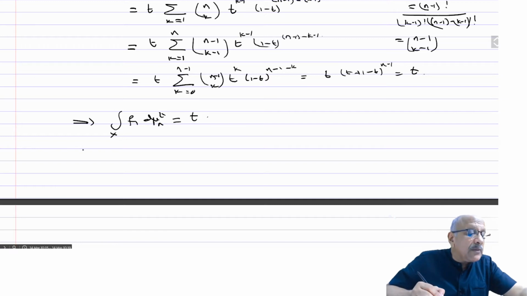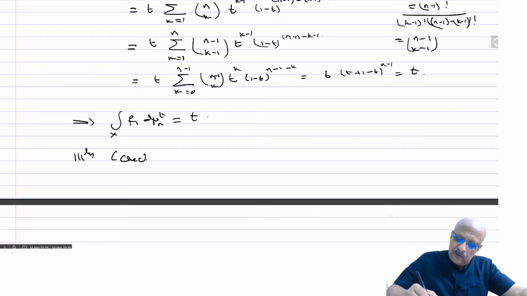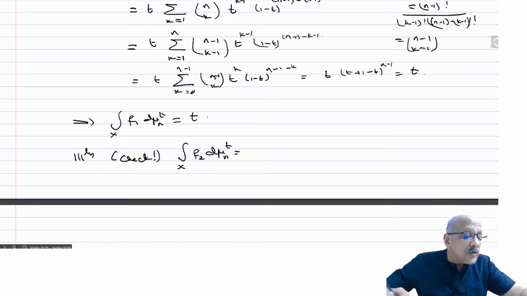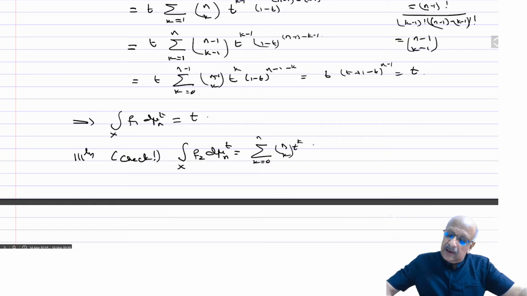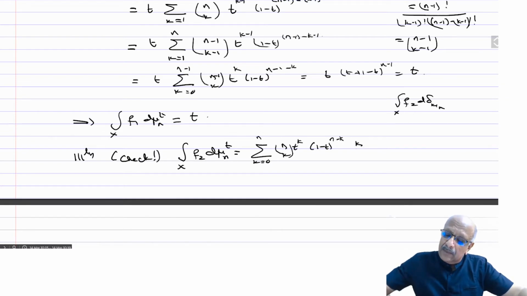So similarly you can make the calculation. I will allow you to check this, just playing around with the binomial coefficients. So this is equal to integral x f2 d mu n t. So let me just write down sigma k equals 0 to n, (n choose k) t power k into (1 minus t) power n minus k, and then integral f2 d delta k by n over x, and that is (k by n) whole square.